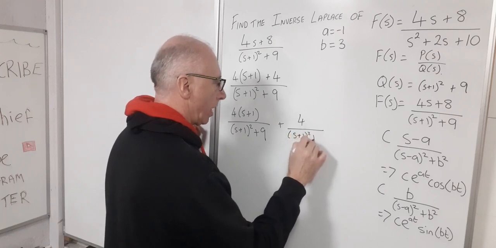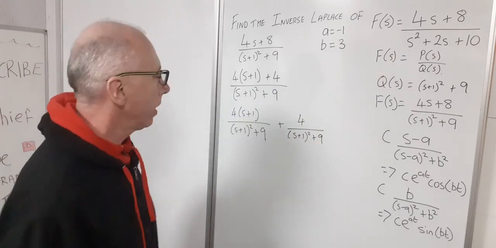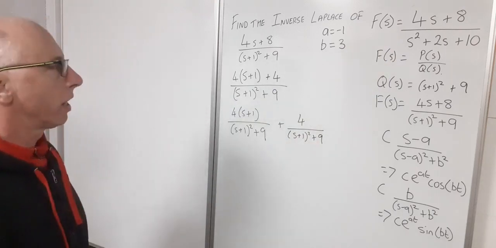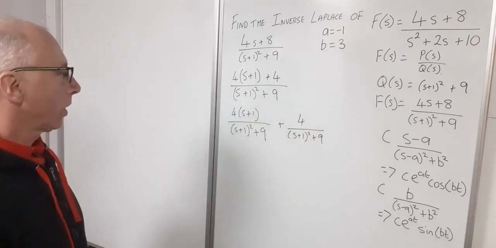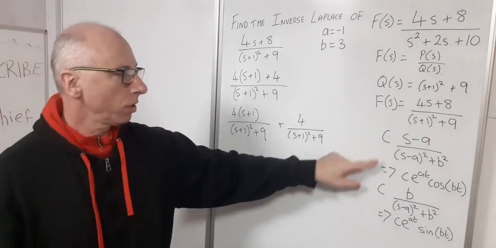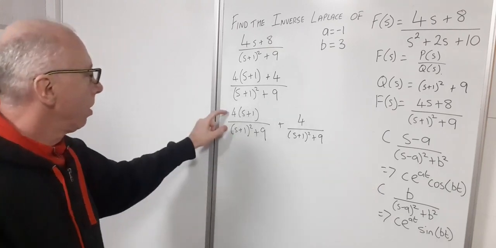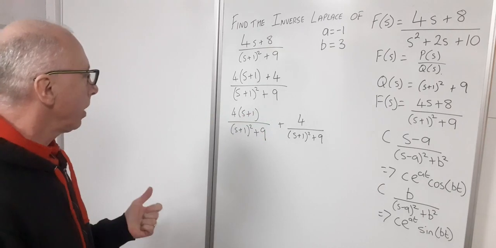So that's valid as well. All that algebra, we're still at the same value as what we started with. So that's great news. Now we can try to use these inverse Laplace standard transform results. So let's break these up.